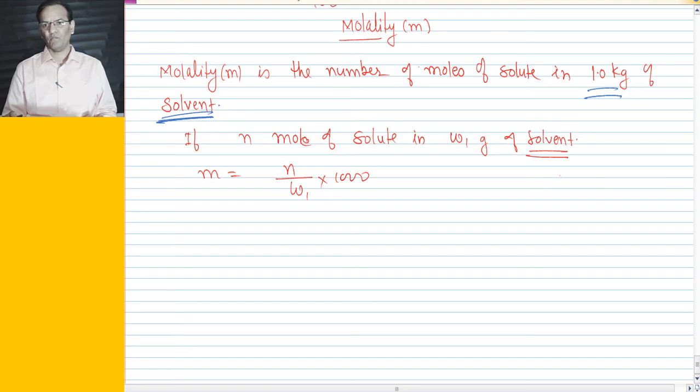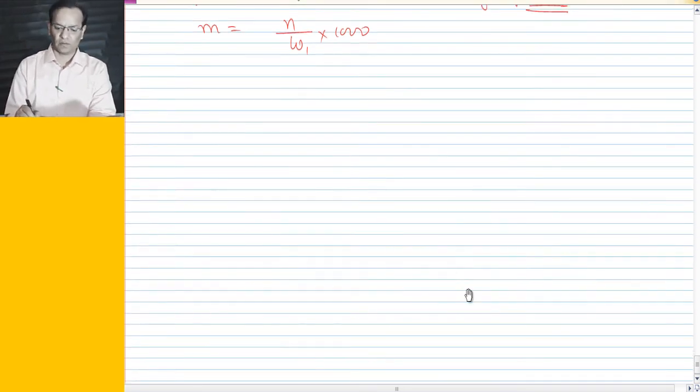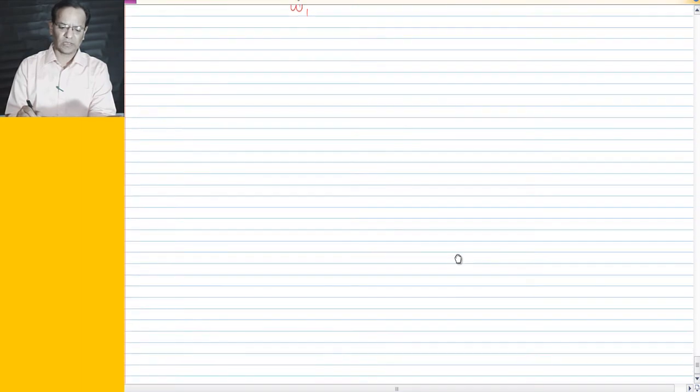Usually we need to correlate this molality with molarity. So let us see how it is done. We'll be doing this with the help of two questions which will give us some understanding about molality and molarity again.